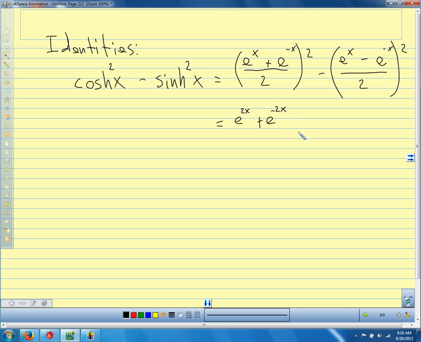And there's one more term. What's our middle term turn out to be? That's this one. So for our middle term, we have an e to the x times e to the minus x.